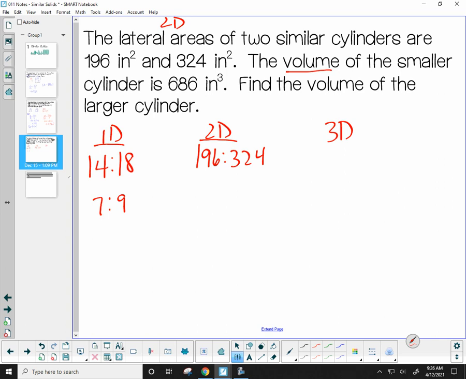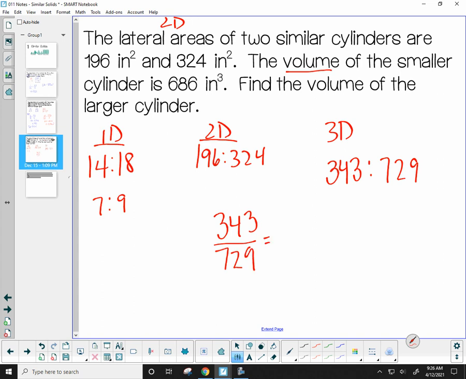Not quite as bad. So 7 cubed gives us 343, and 9 cubed is 729. So my fraction is going to be my 343 over 729.